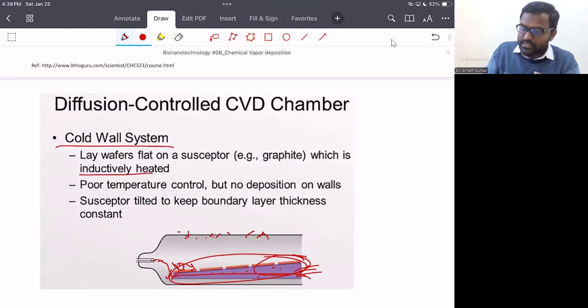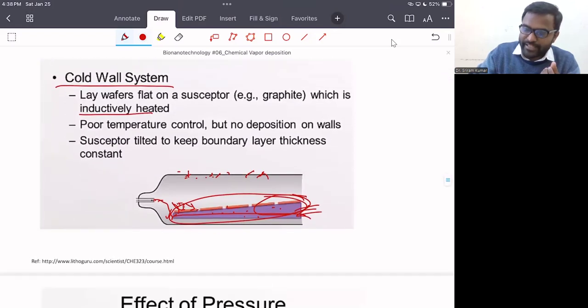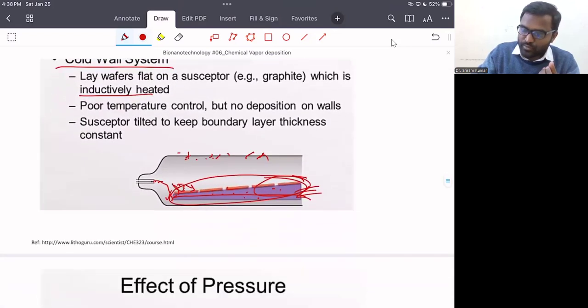So we have only one chamber, and we can just change the material, maybe the graphite heating material, or maybe change the sample. Based on that, we can control the deposition of this material.